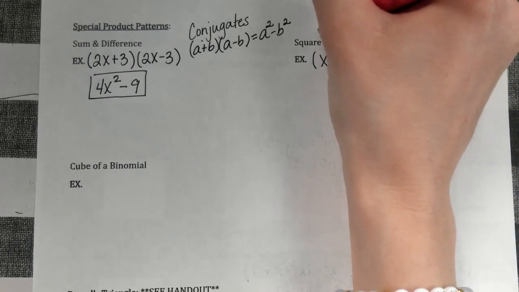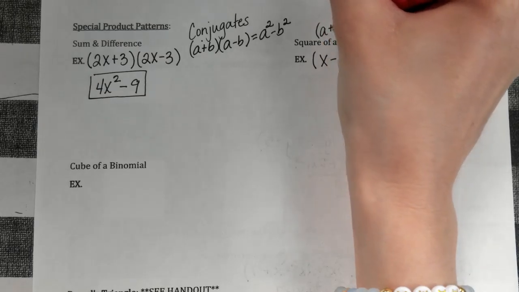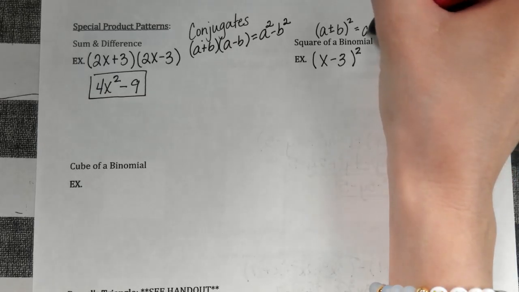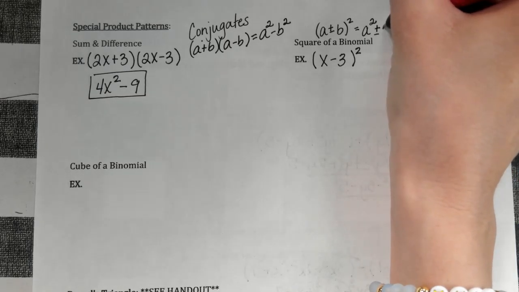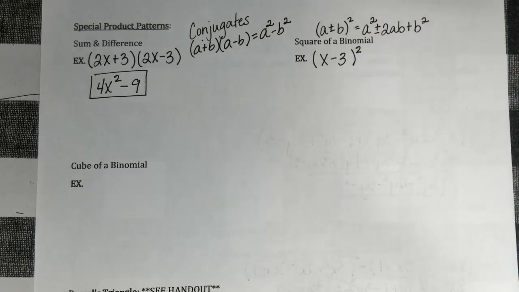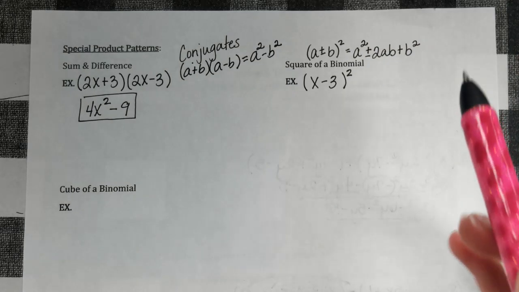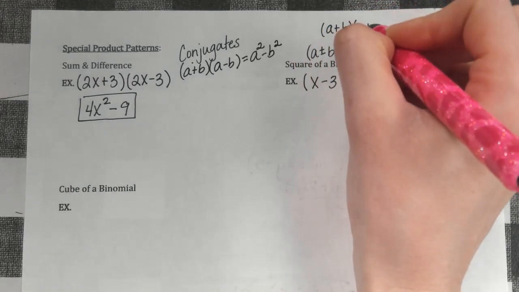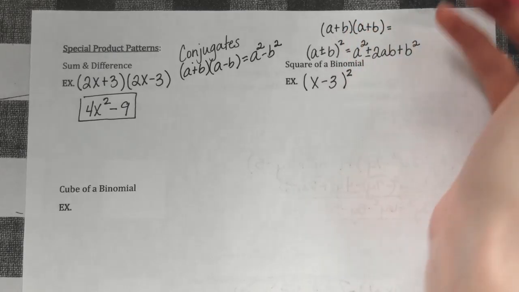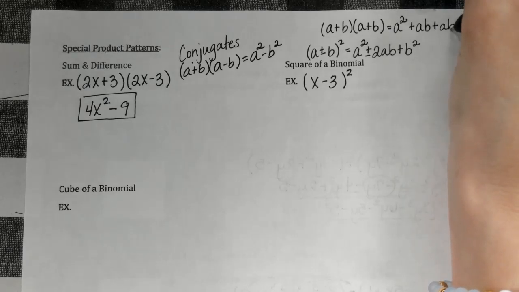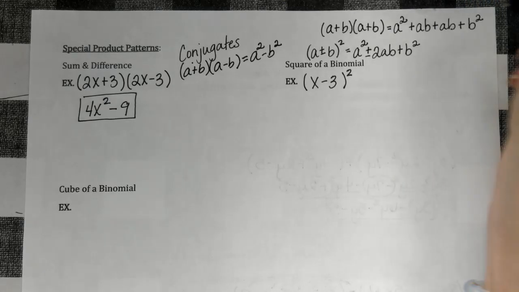My formula says if I have a plus or minus b squared, then I can take that a squared plus or minus 2ab plus b squared. So what that means is if I had a plus b times a plus b, and I FOILed that, then I would have a squared plus ab plus ab plus b squared.